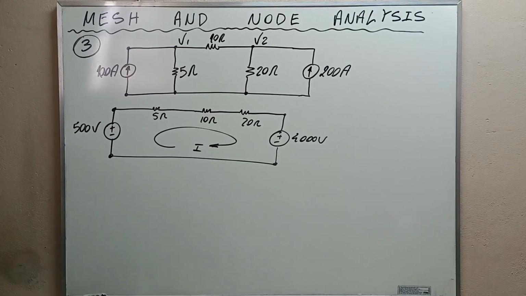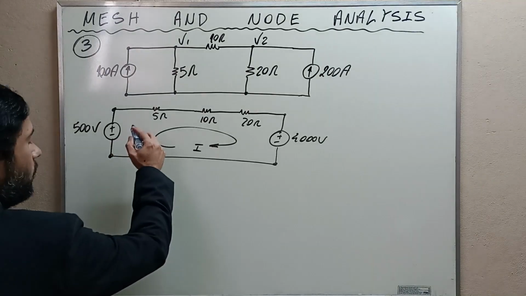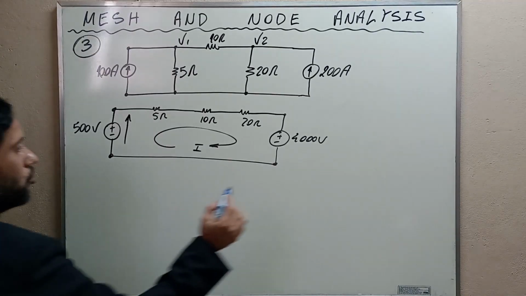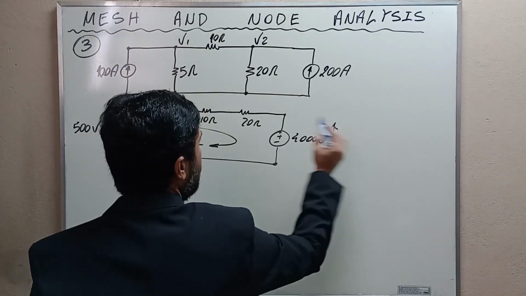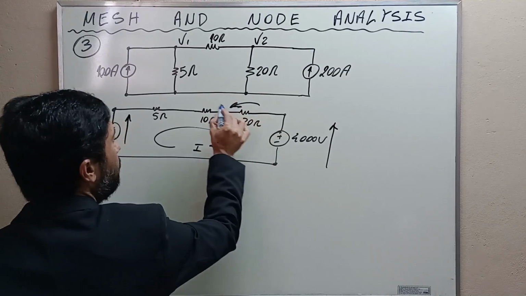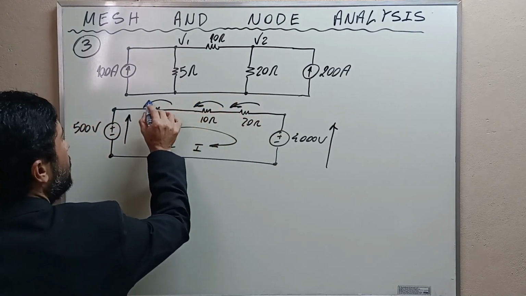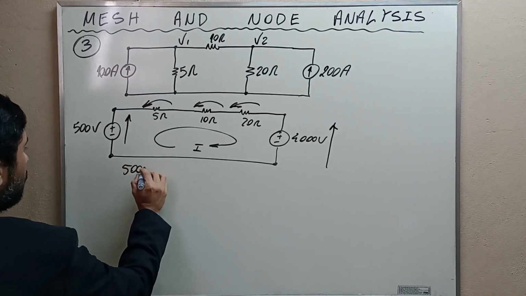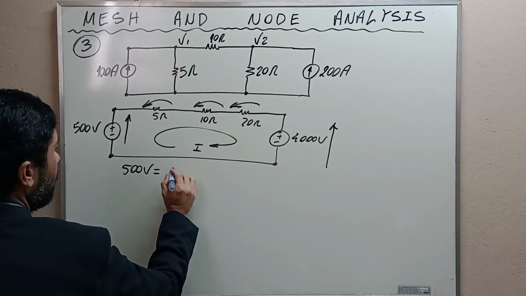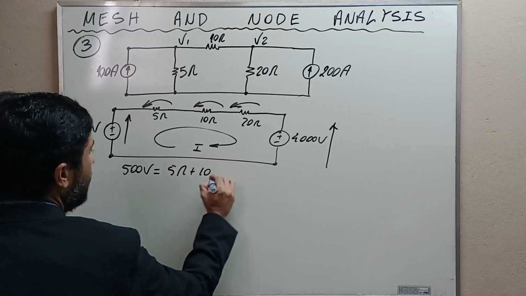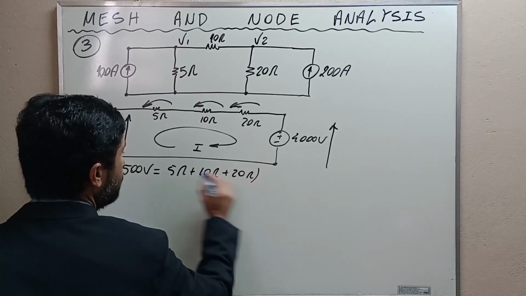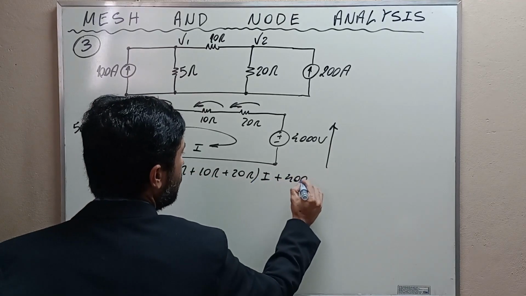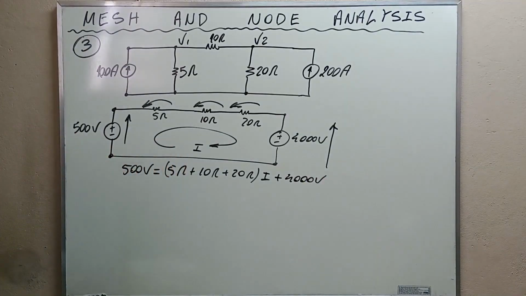And in this way, this voltage here will be equal to this voltage here plus this voltage drop plus this voltage drop plus this voltage drop, okay? So 500 volts is equal to 5 ohms plus 10 ohms plus 20 ohms times I plus 4,000 volts.